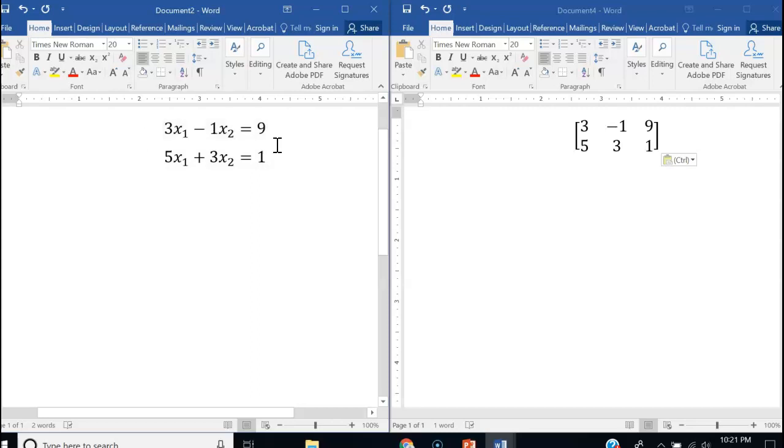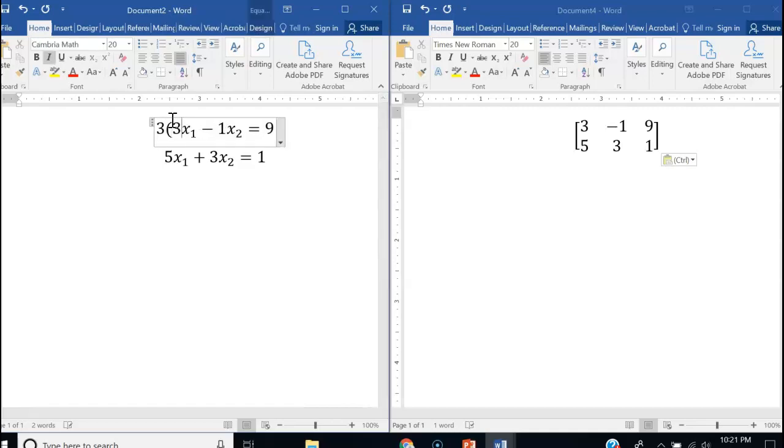Now what we would do elimination-wise is take 3 times the top equation and add it to the second equation, and then replace the second equation with that.